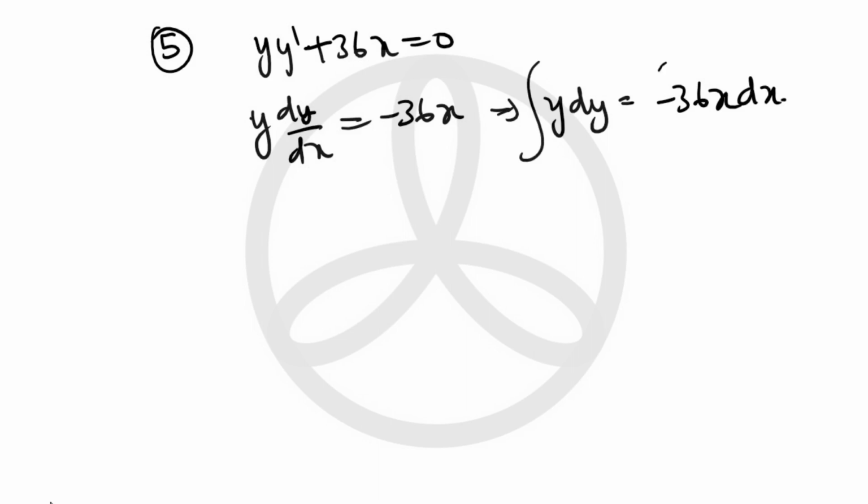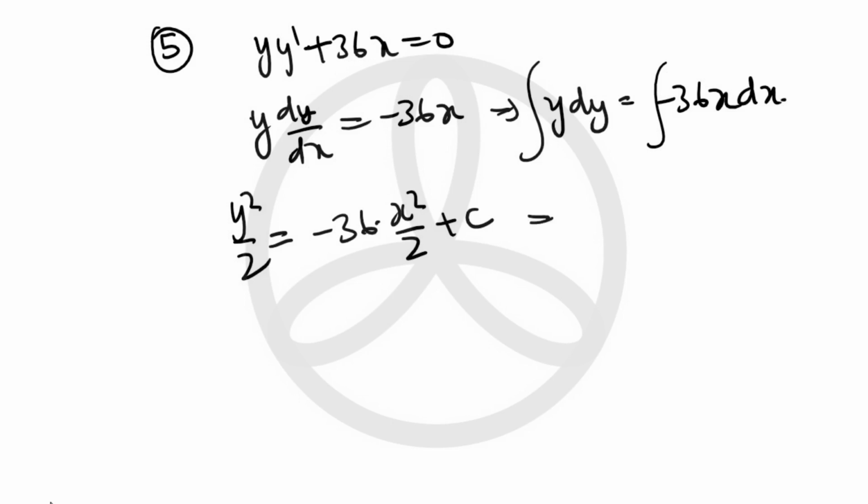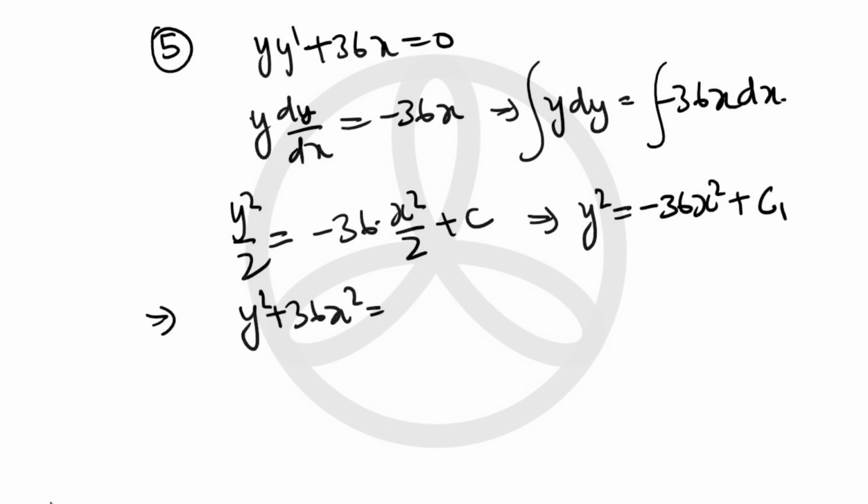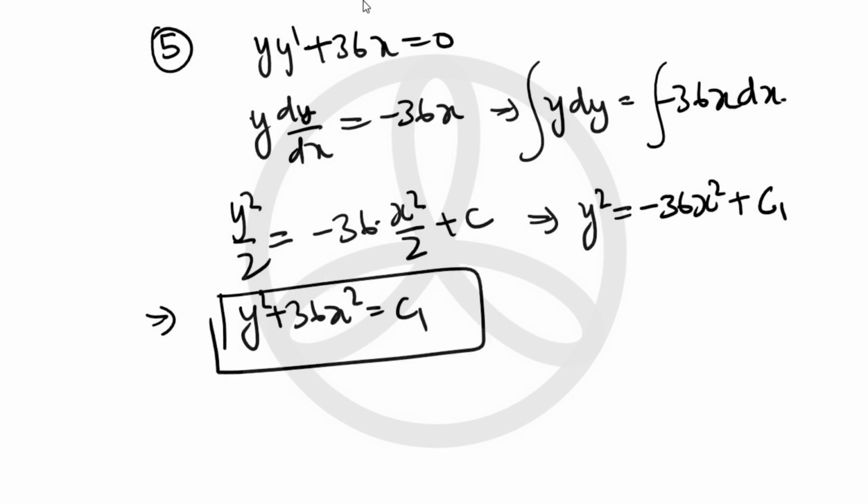Applying integration on both the sides, we get y squared by 2 is equal to minus 36 x squared by 2 plus a constant of integration c, and we get y squared is equal to minus 36 x squared plus 2c. I will instead write c1, another constant of integration, and this will get us y squared plus 36 x squared is equal to a constant of integration. This is the final solution of the fifth question.